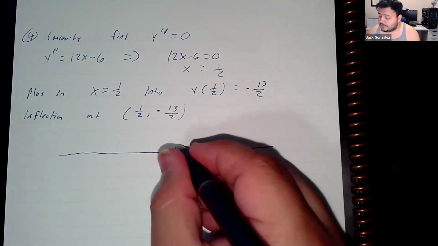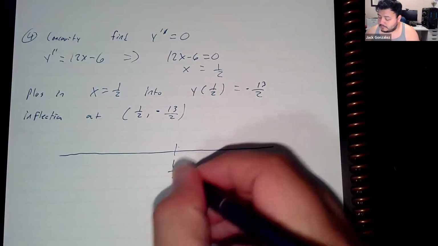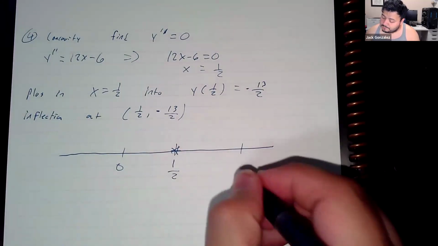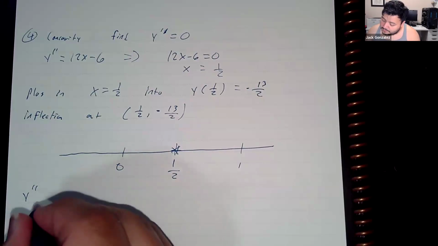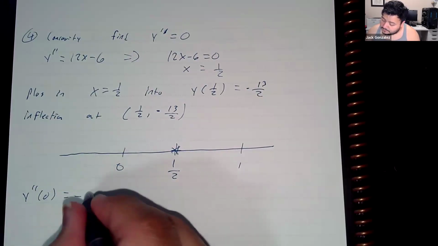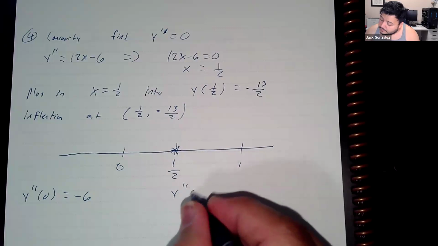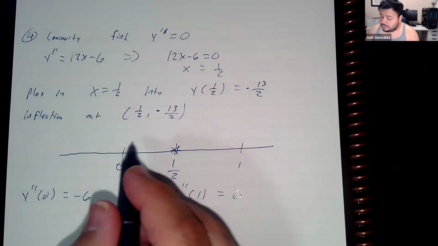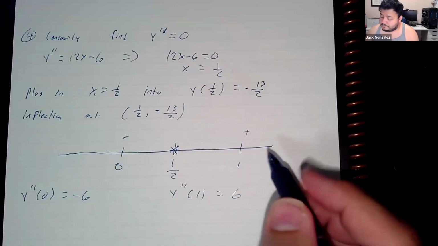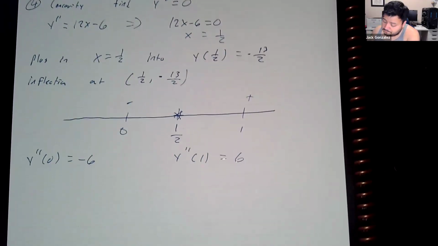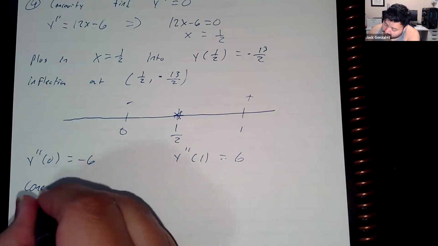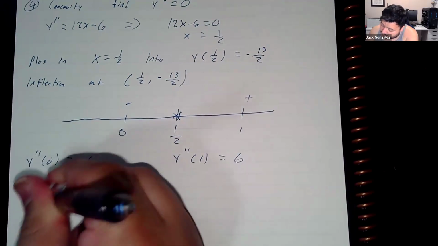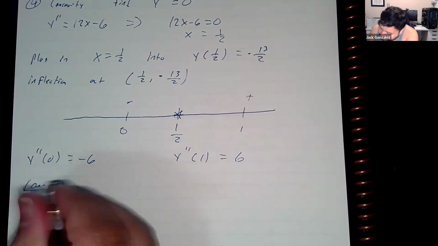So test around 1/2. I'll choose 0 and 1. y double prime at 0 would be negative. y double prime at 1 would be 6. So minus, plus. So for concavity, where are we concave up?